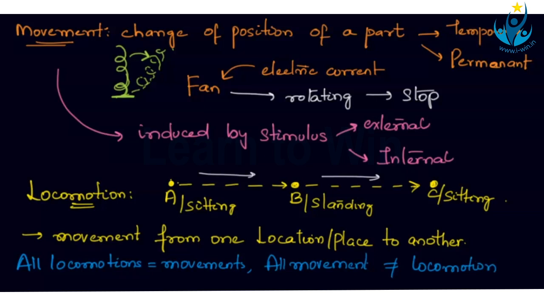But is the leaf under locomotion? No, because its location is the same. It is still in the same location, just changing the position. So all movements are not locomotion. A movement is a locomotion specifically when it involves a change of location.